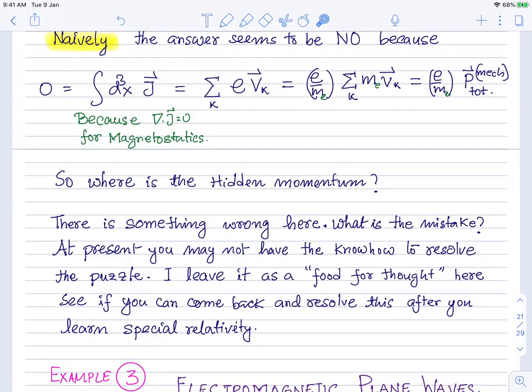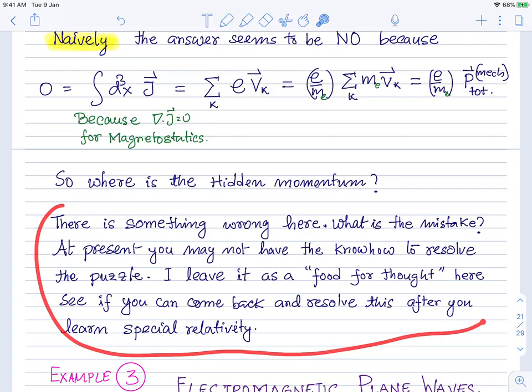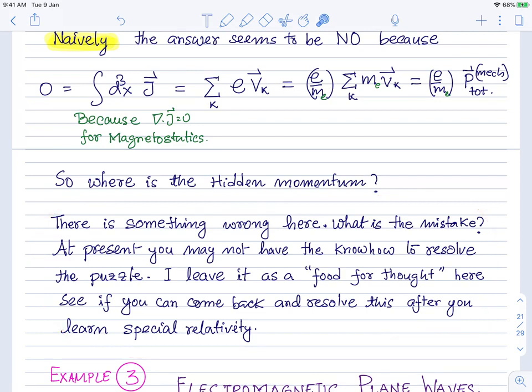In the static case you would naively expect the total momentum to be zero, but we see that the electric and magnetic fields even in the static case have some momentum. So why is the total momentum of the static system not equal to zero?